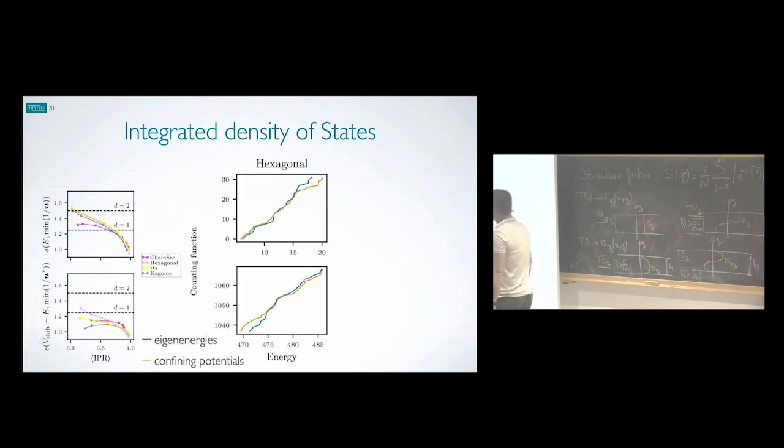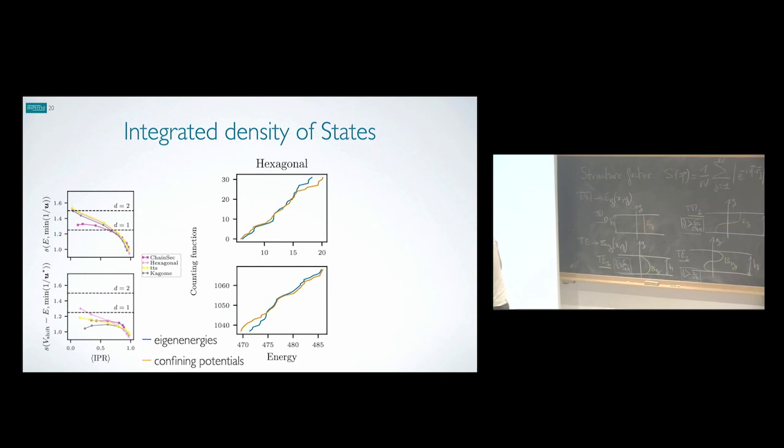But anyway, whatever the slope of this curve, if we build the integrated density of states, or the cumulative number, here at low energy and at high energy, I plot for the hexagonal lattice, but it's the same for all this kind of lattice.